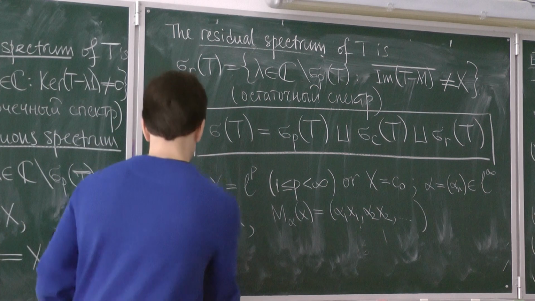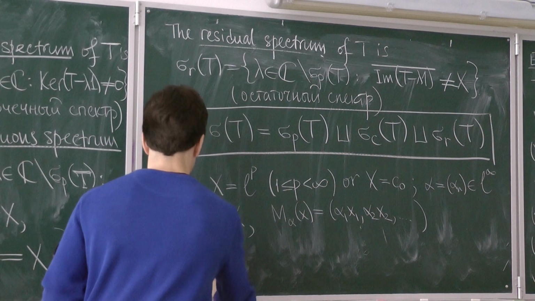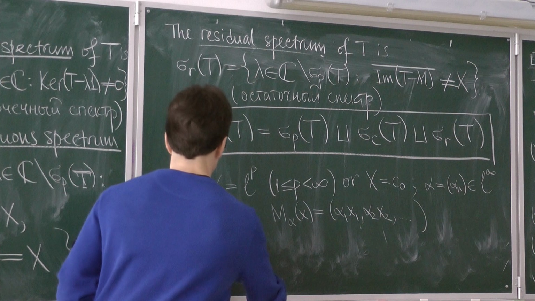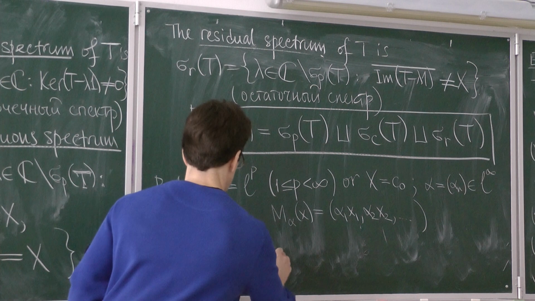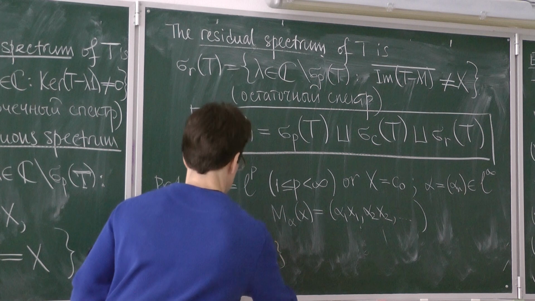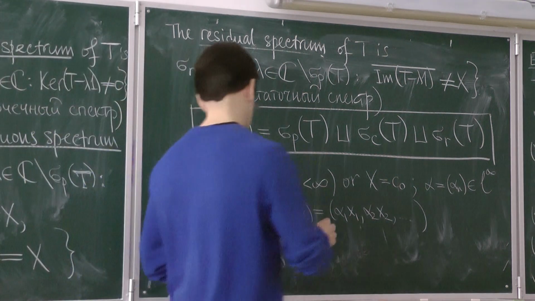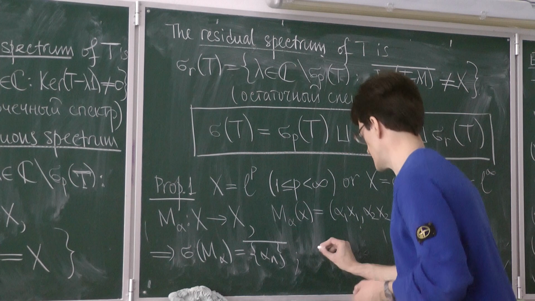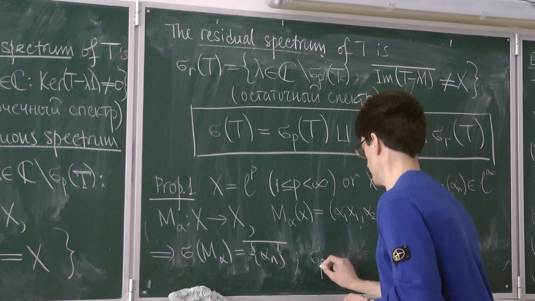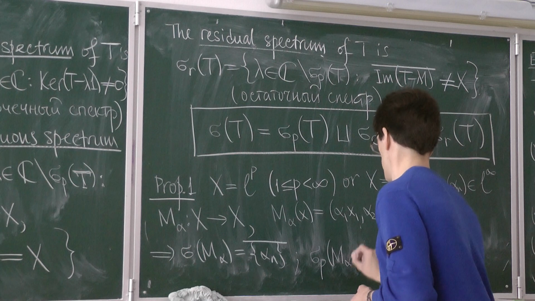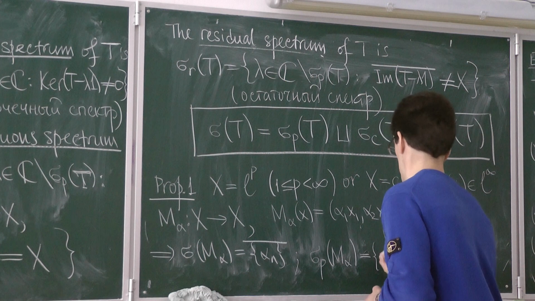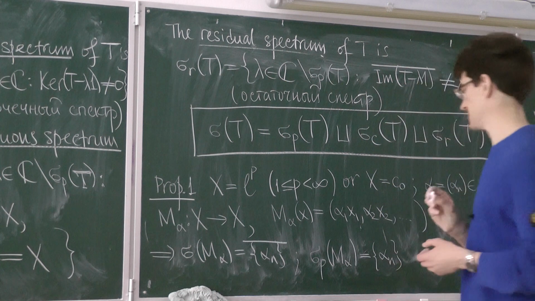I claim that the spectrum of this operator is the closure of all the elements in our sequence. The point spectrum is exactly the set of all elements in our sequence.